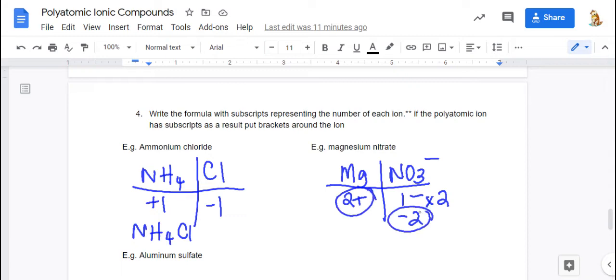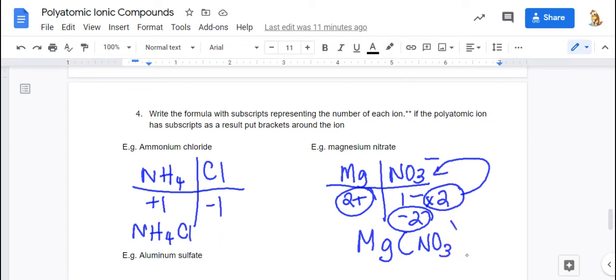These now add up to 0, and the 2 becomes my multiplier on my nitrate. So this becomes Mg bracket NO3 bracket subscript 2. So I need 2 nitrates to make a total negative charge of negative 2. So when that adds to the positive 2 on magnesium, it adds to 0.